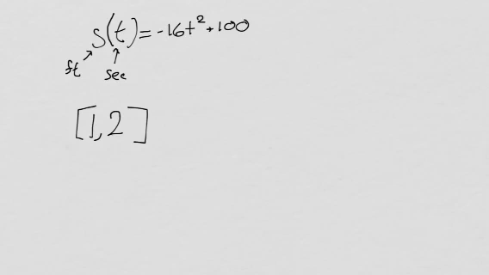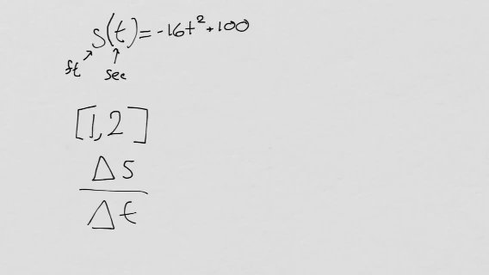So our first time interval is from 1 to 2, and the average velocity is just change in distance, which is s because it's in feet, over change in time. And by the way, this symbol means change in.